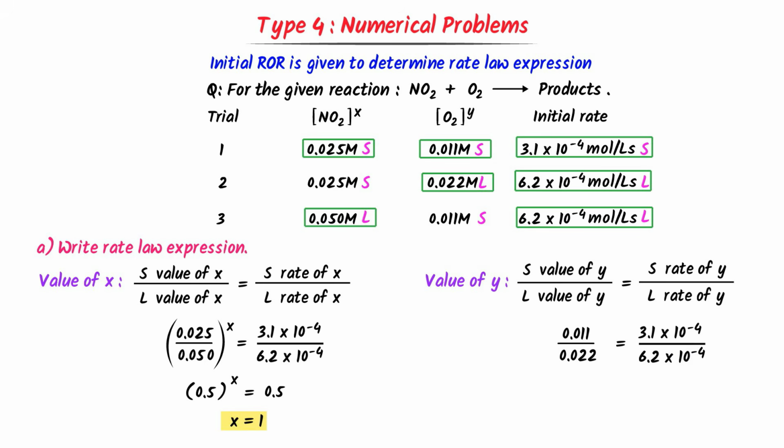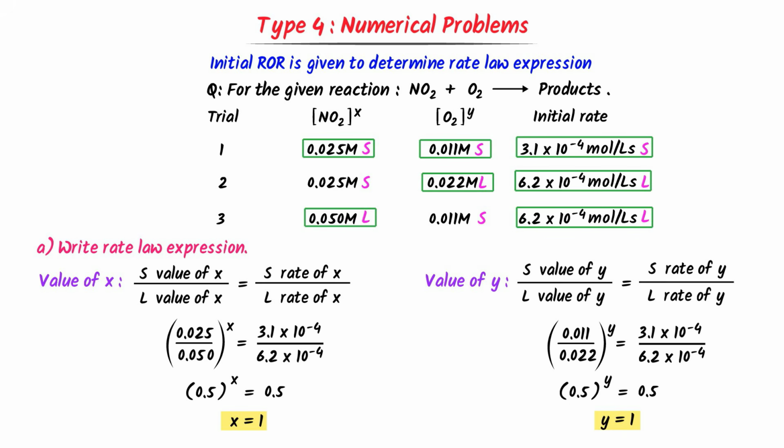Here, on the left hand side, I take whole power y because these are the values of y. After calculation, I get 0.5 raised to the power y is equal to 0.5. The bases are the same, so y is equal to 1. Thus, the value of y is equal to 1.